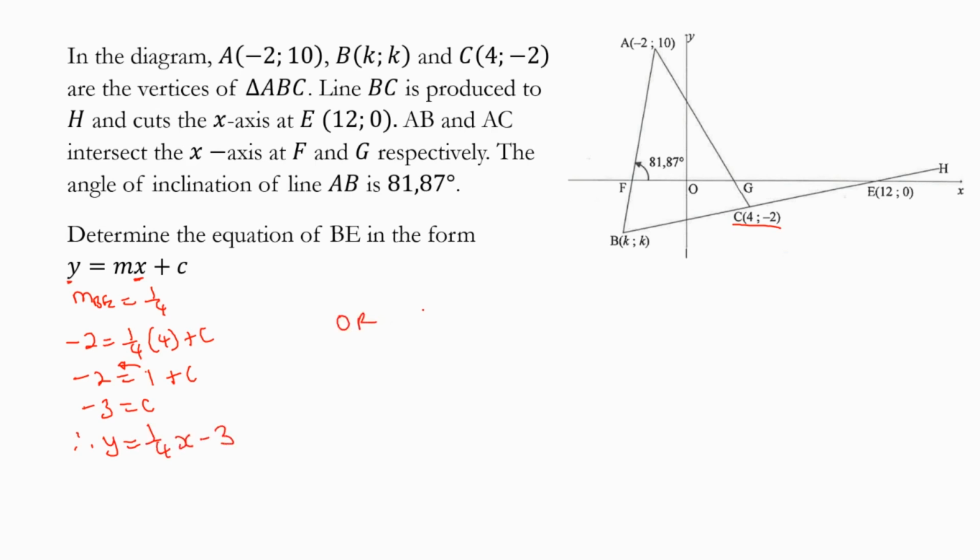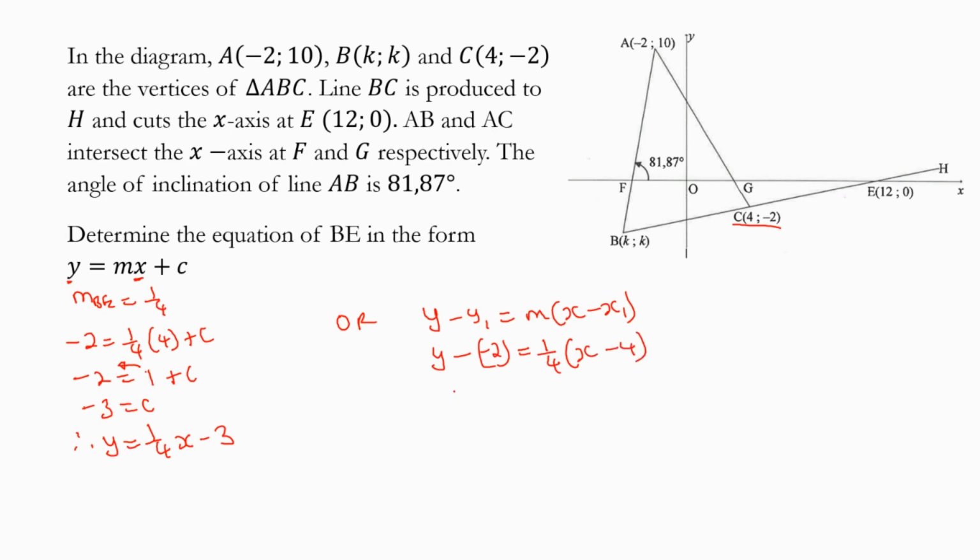Or we say y minus y1 is equal to m times x minus x1, and then we substitute the coordinates of point C. So y minus negative 2 is equal to m, the gradient, times x minus 4.